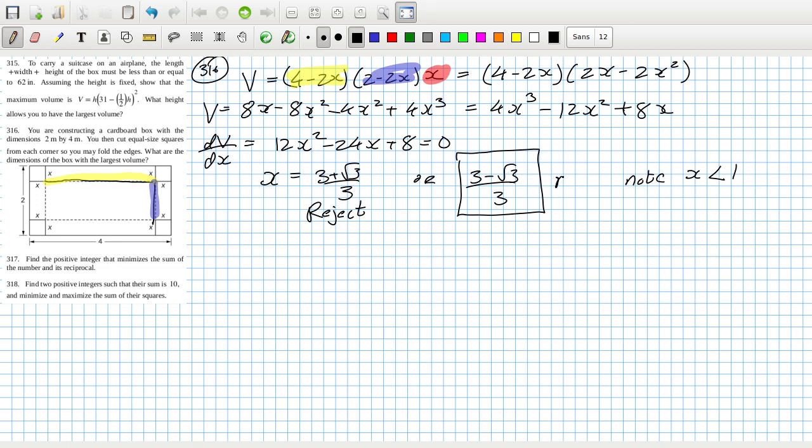Meters. What are the dimensions of the box with the largest volume? So, let's see now. 4 minus 2 times 3 minus root 3 over 3.